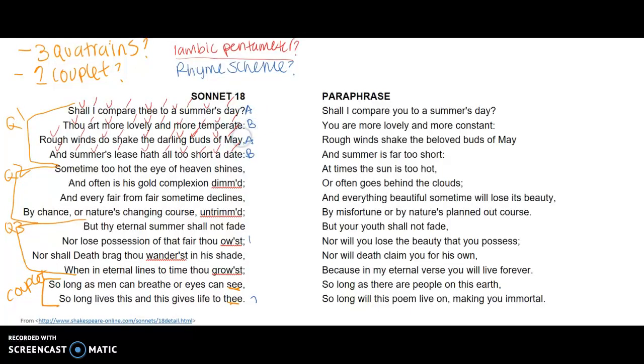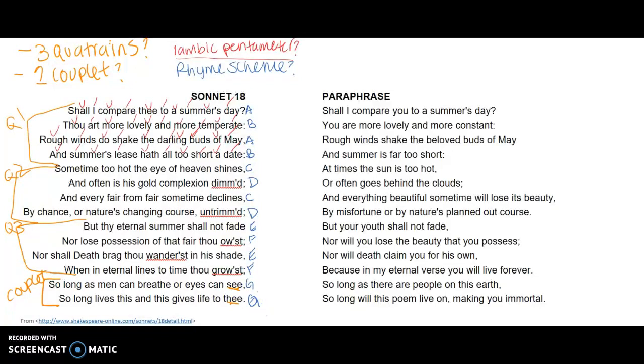If you say temperate, you pronounce it like that. Shines does rhyme with declined. Dimmed rhymes with trimmed. Fade rhymes with shade. Oust rhymes with groused. And C rhymes with G.